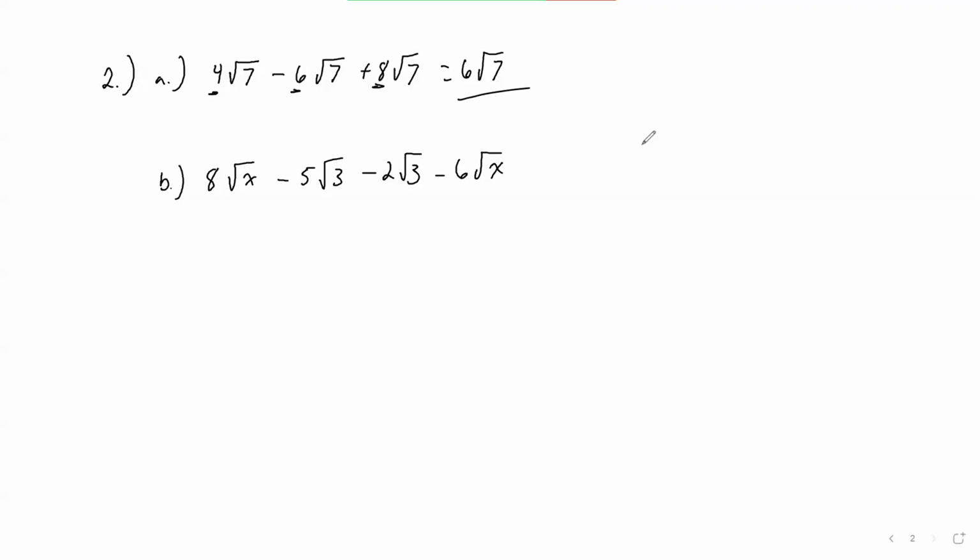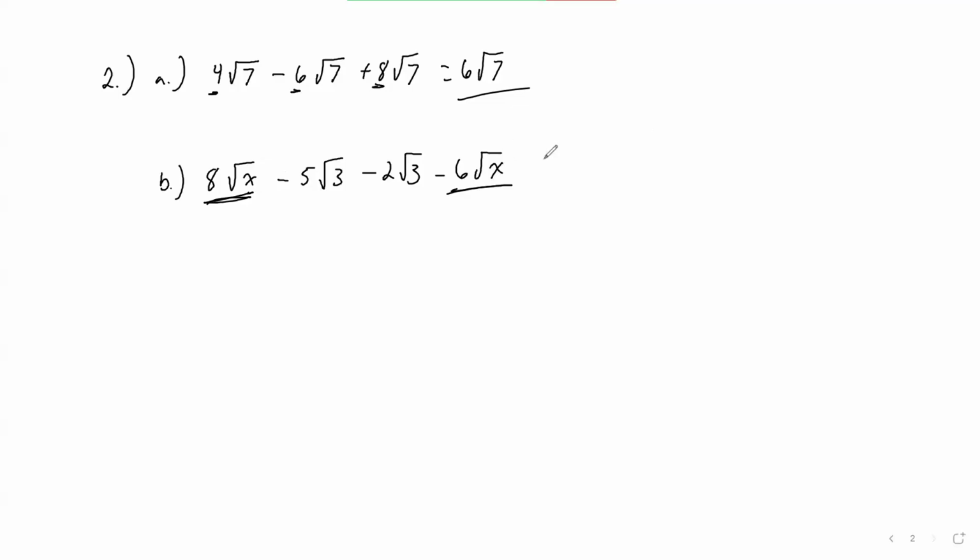Can't break down the threes. That's it. So on this one, I can combine 8 square root of x with the minus 6 square root of x since those index and radicals are the same.